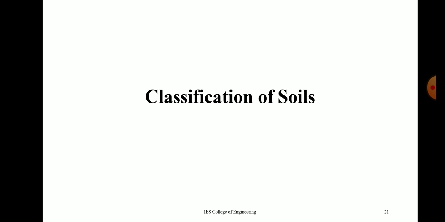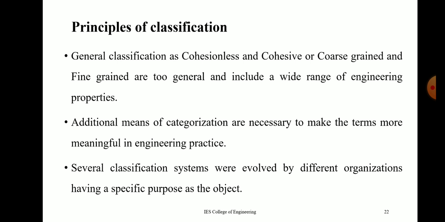Next we go through classification of soils. Principles of classification. General classifications. Generally, soil is classified as cohesionless and cohesive, or coarse-grained and fine-grained. These are too general and include a wide range of engineering properties.